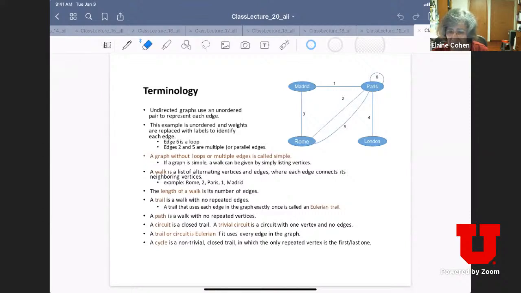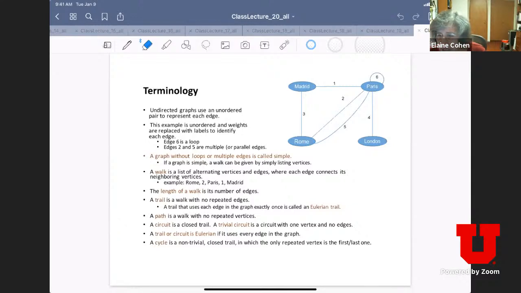And the only repeated vertex is the first and last one. So that says we always end up where we start out. Now a circuit does that as well, but a circuit can have repeated vertices. A cycle cannot. That's the difference between them. These are tons of definitions that I assume you're not too familiar with.